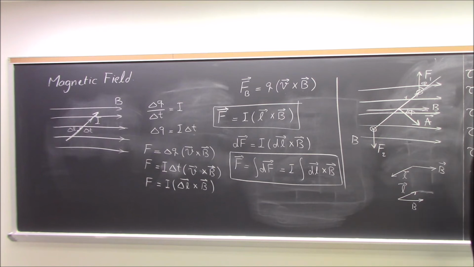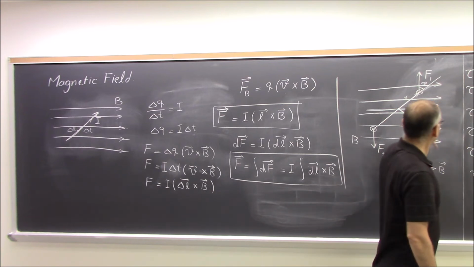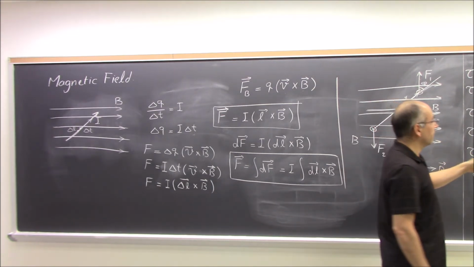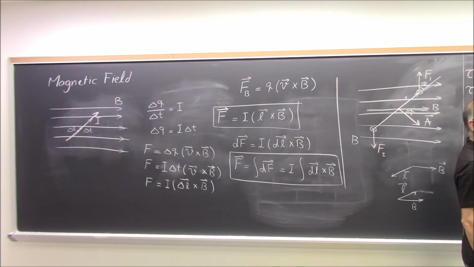But I want to also define something else. I times this area vector, we call it another vector mu. We introduce a mu vector, which is the current times the area vector. The area vector like that multiplied by the current that's going around the loop. This is called magnetic dipole moment of the loop. So you multiply the current by the area vector for that loop.